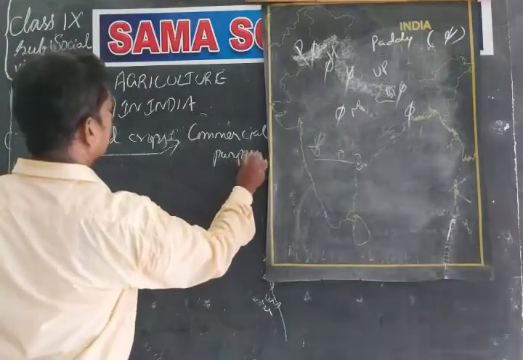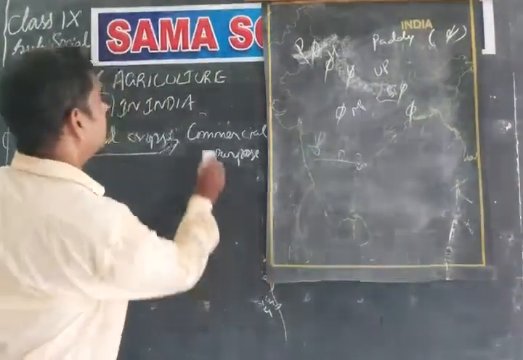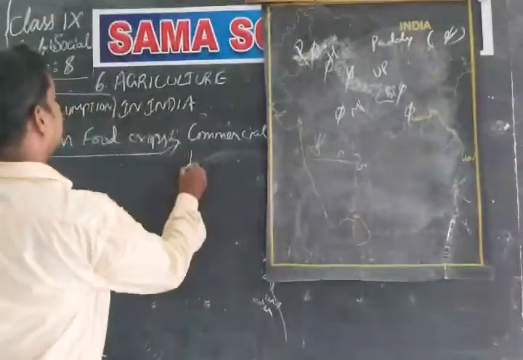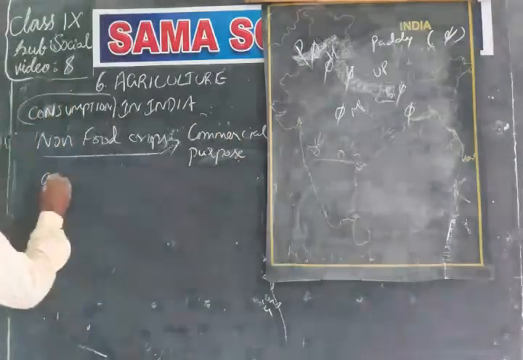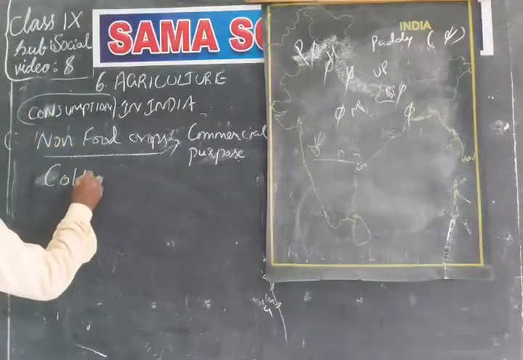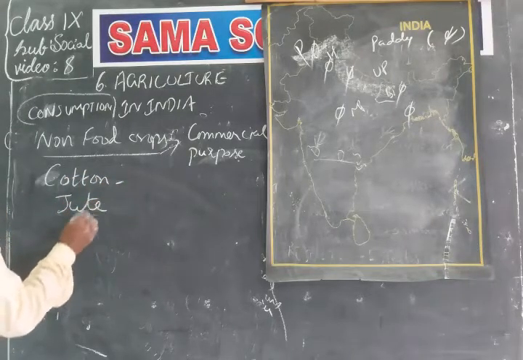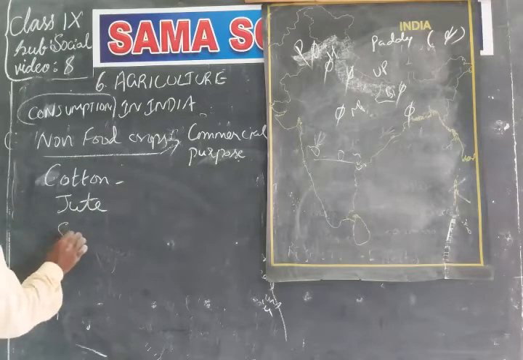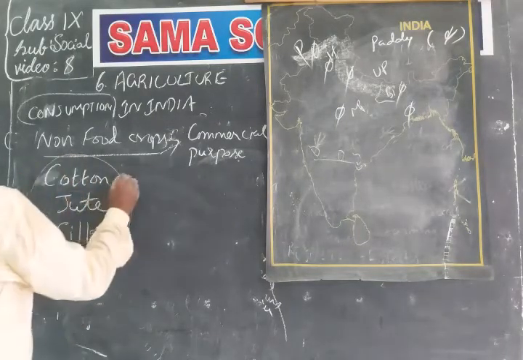Those are cotton, jute, silk, which mostly come under fiber crops.